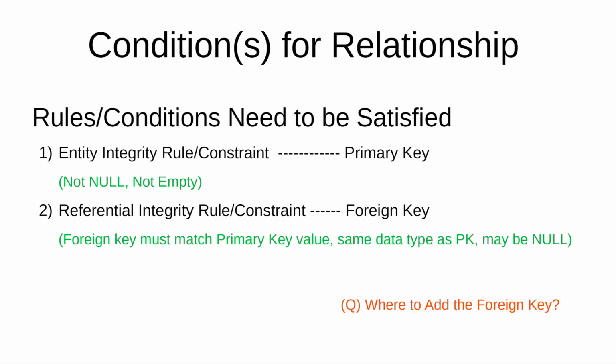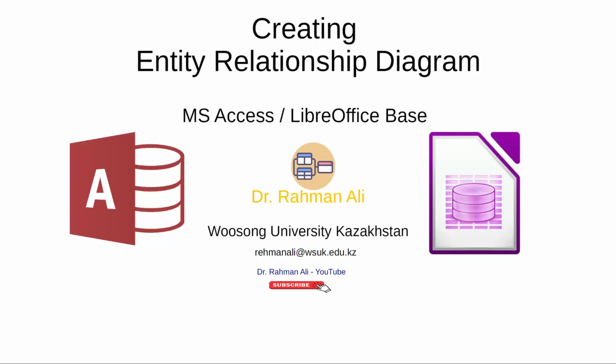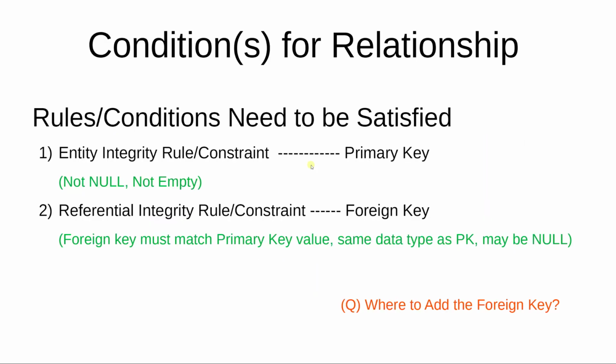Now, when we are going to create the relationship between the entities, there are a few conditions for the relationship, also called rules or constraints. These need to be satisfied.